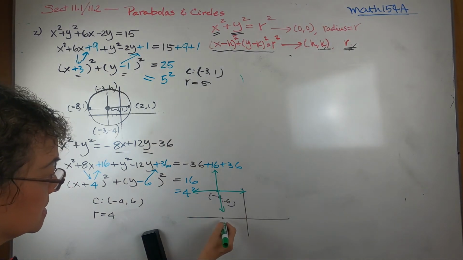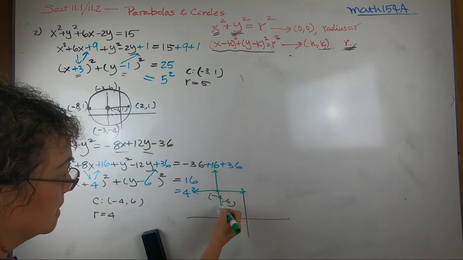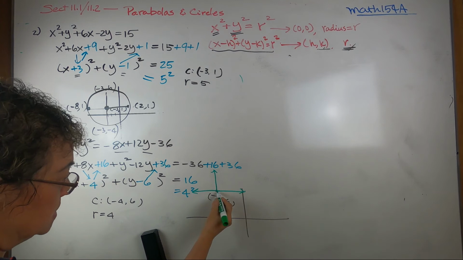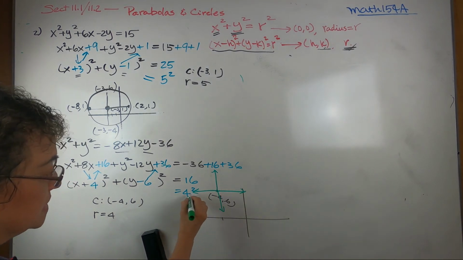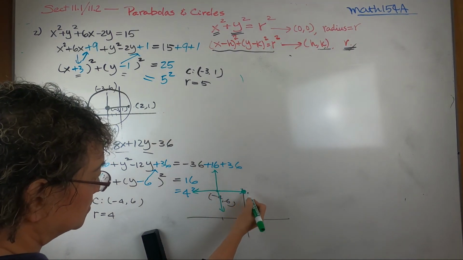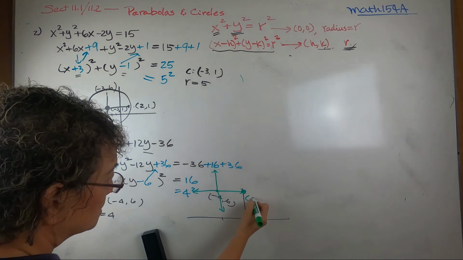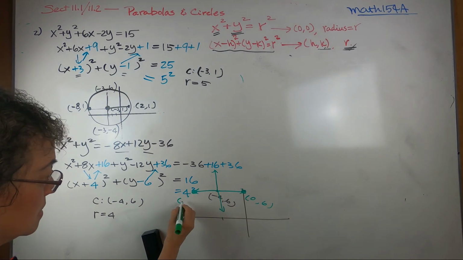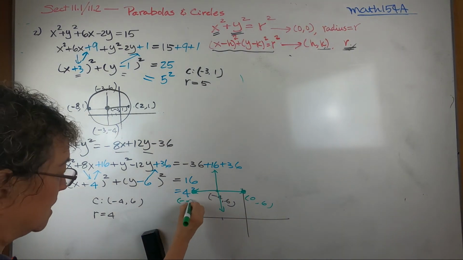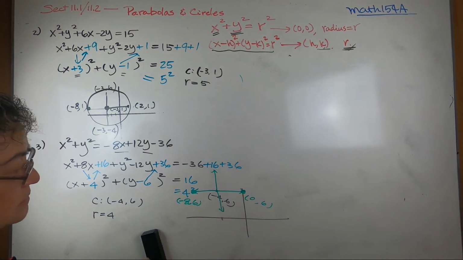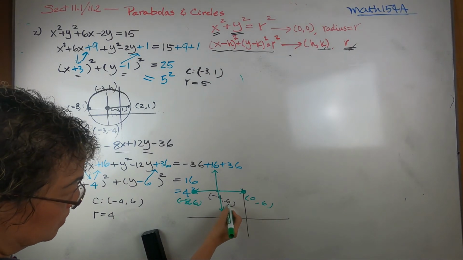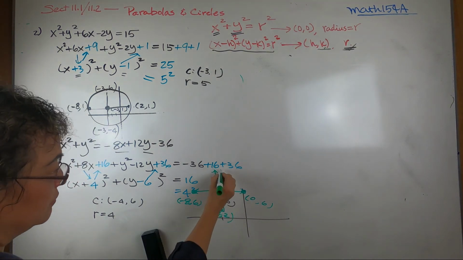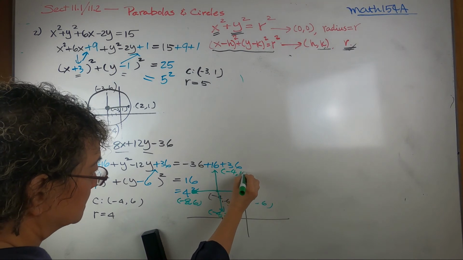Then let's identify them. So this is negative 4, then go negative 4. 4 distance away, that would be this portion. That would be what? 0, 6, right? Then here would be what? 4 away becomes negative 8 and 6, right? Then 4 down for the y, that would be negative 4 and 2. 4 up for the y would be negative 4 and 10.